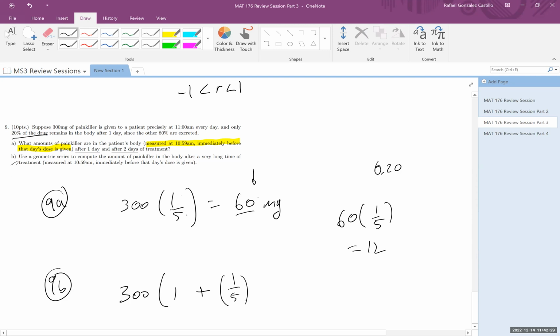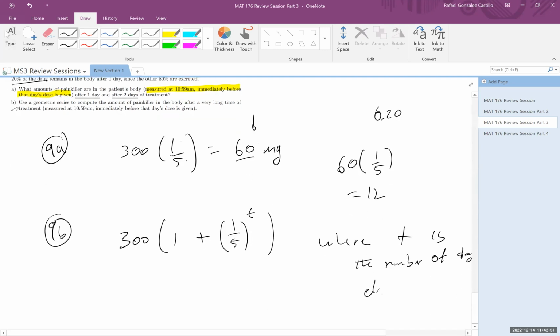So you have 1 plus 1 over 5 to the power t, where t is the number of days elapsed.